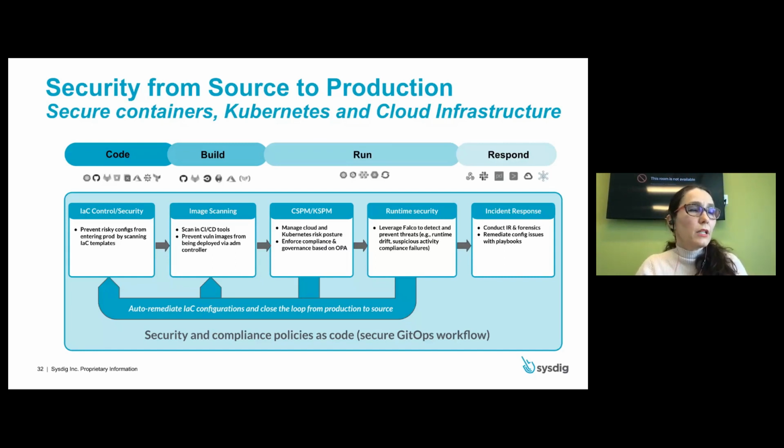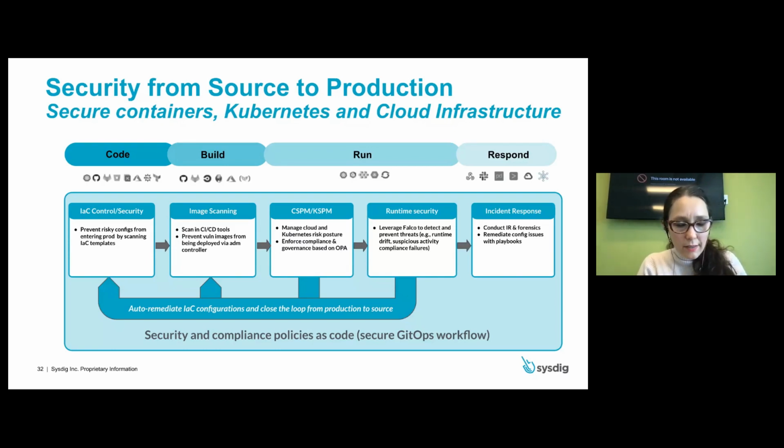And so we give them means to check their Terraforms, their Helm charts, to make sure that the declarative configuration that the developers have in their infrastructure as code is in line with the security posture that you have defined for your organization.